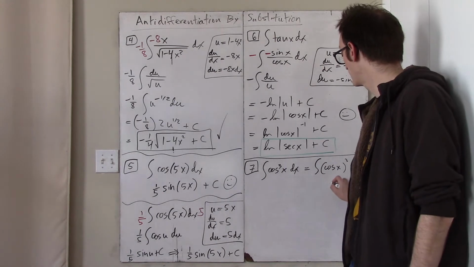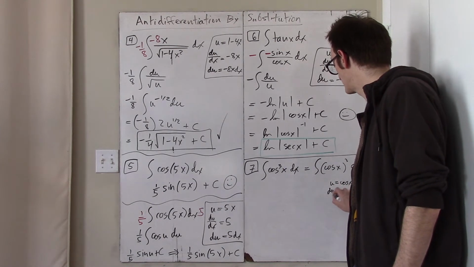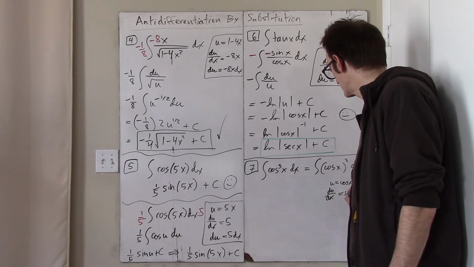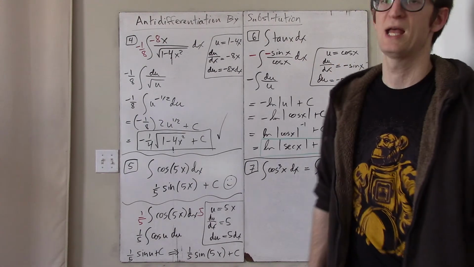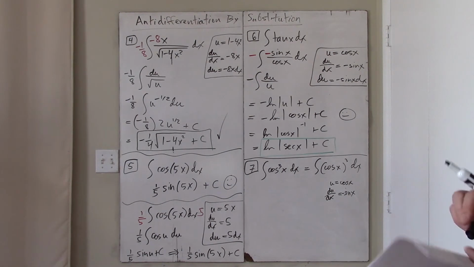If you let u be cosine, which is kind of what you want to do, then du/dx is negative sine, but there's just no negative sine anywhere to be found, and so it just doesn't appear that you can push forward with this problem at all.